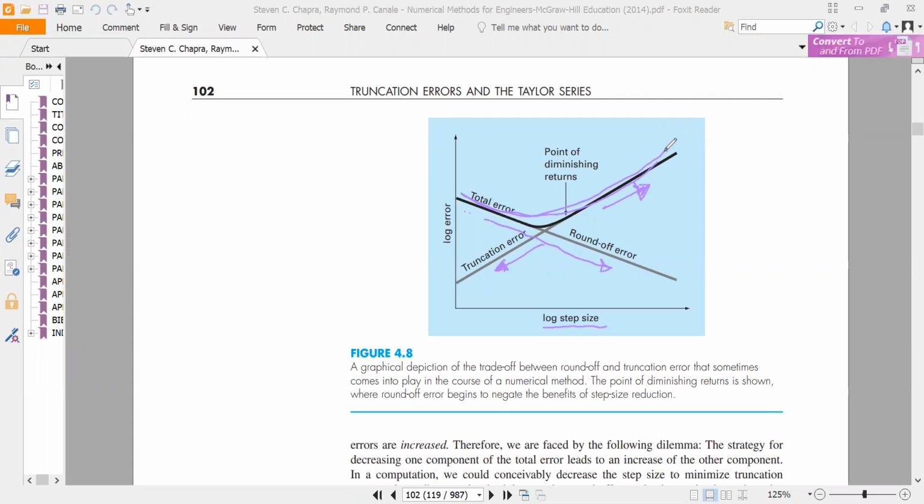by using your step size. For example, say we have a function e to the power x. That e to the power x value can be calculated for a particular point, or we can calculate the derivative at this point.